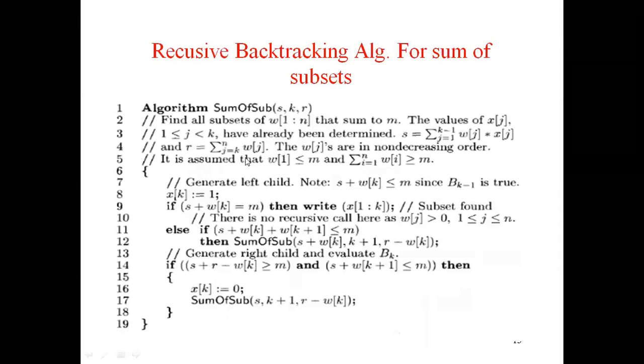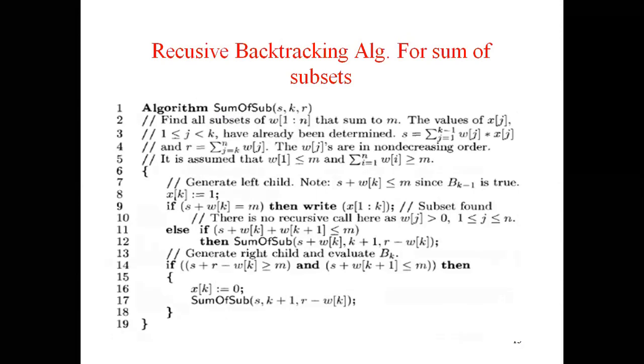This is the algorithm for backtracking. In this algorithm, we are using the sum of subsets. The name of the algorithm is SumOfSub, with s, k, r, the three parameters we are using. The first parameter s has initial value 0, since no sum has been made on the given elements.